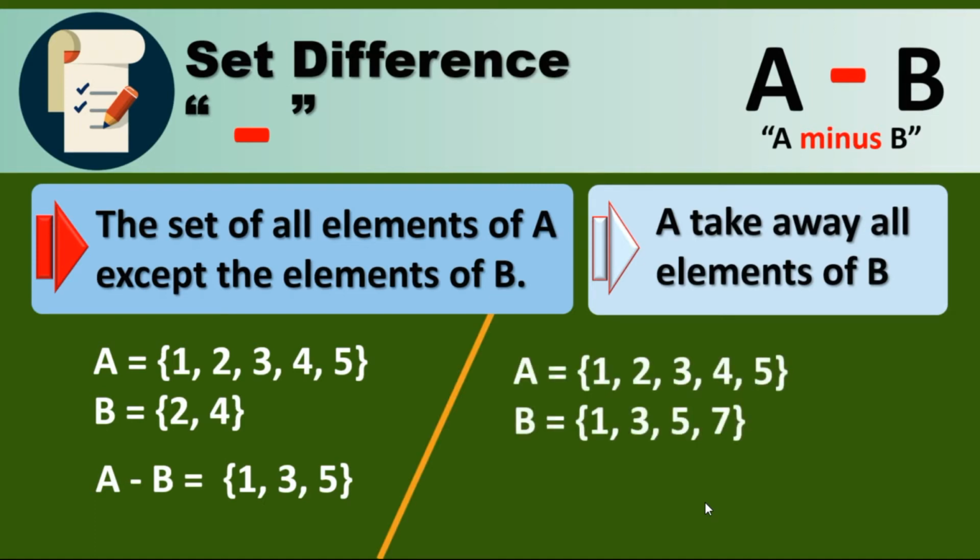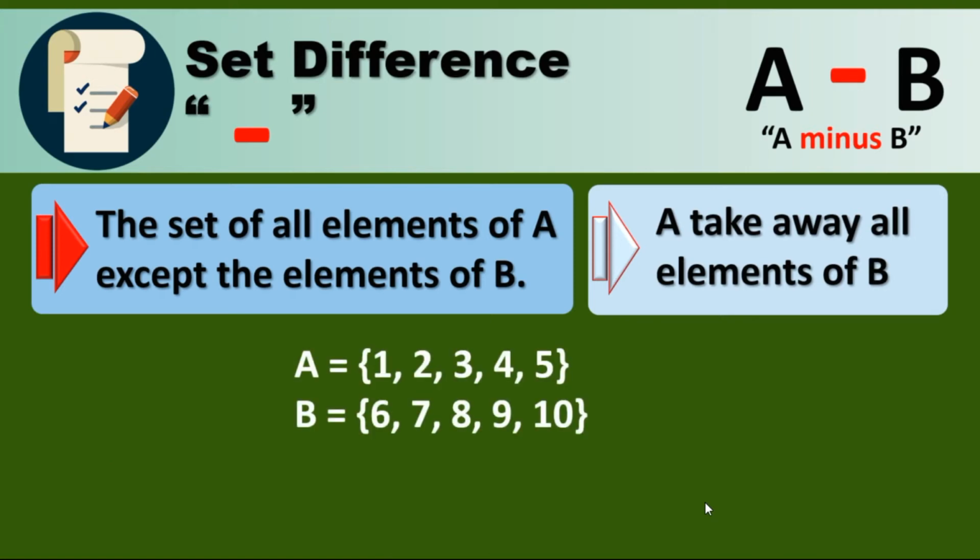If A is equal to the set that contains 1, 2, 3, 4, and 5, and B contains 1, 3, 5, and 7, what is A minus B? If we take away the elements of B from A, what's the same from B to A is 1 and 3, and also 5. So therefore, what is left? 2 and 4. Very good.